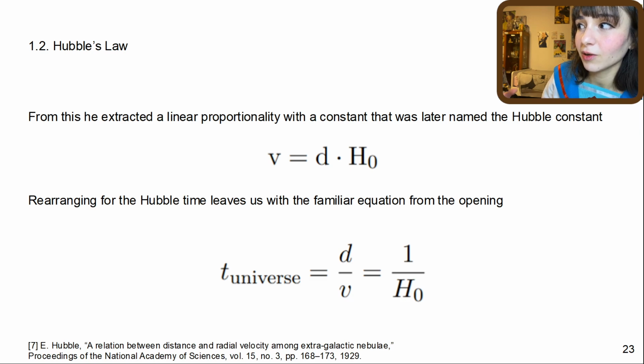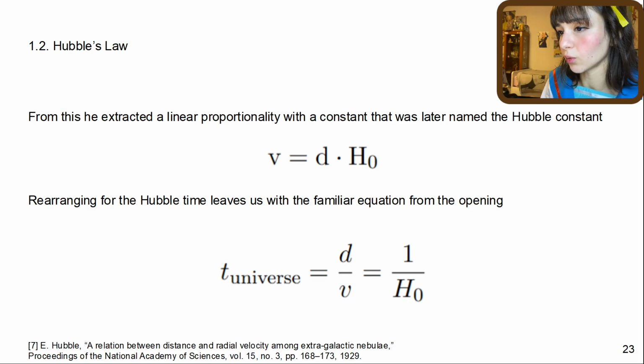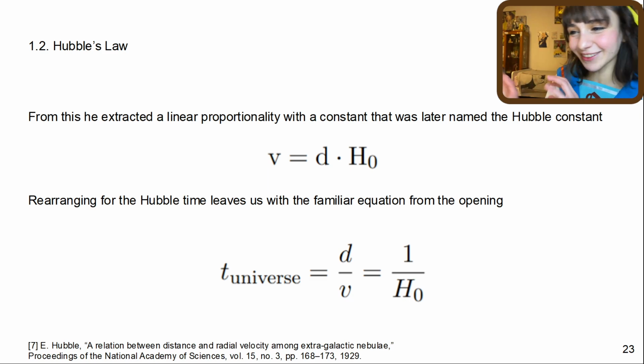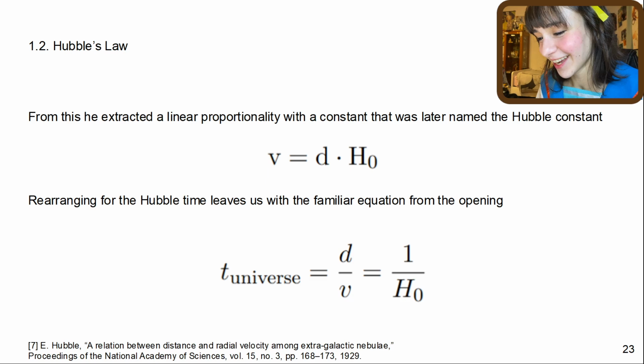Basically, expansion of the universe is a process that compounds and is not just constant. So this equation is valid to some extent, but that is kind of everything in astrophysics.